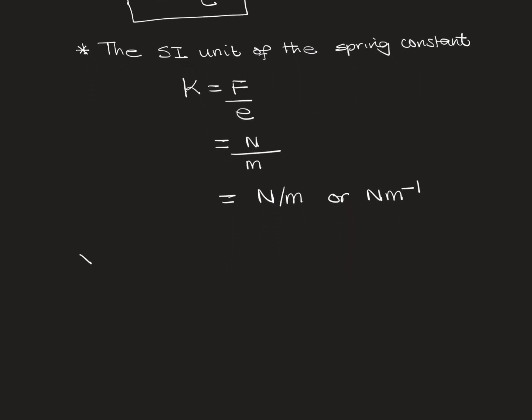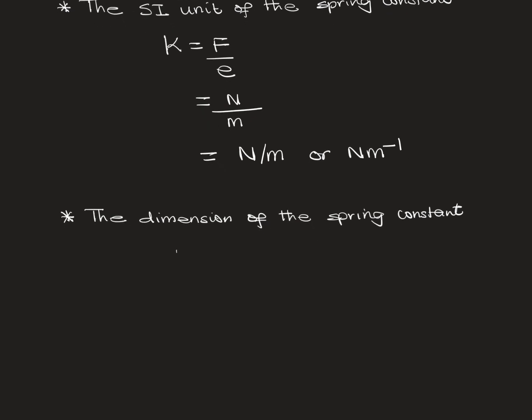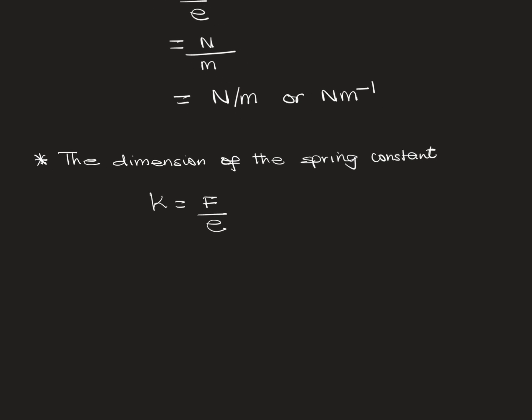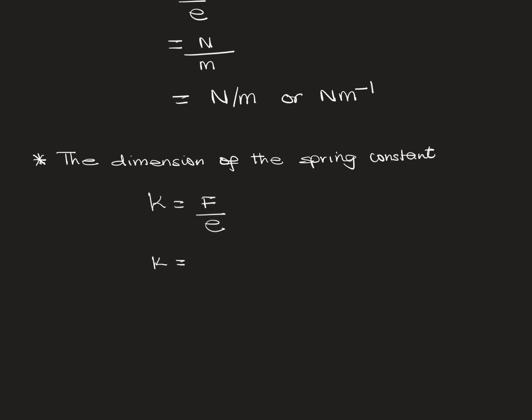We can now go ahead to determine the dimension of the spring constant. Again, using K is equal to F over E, force is measured as the product of mass and acceleration.